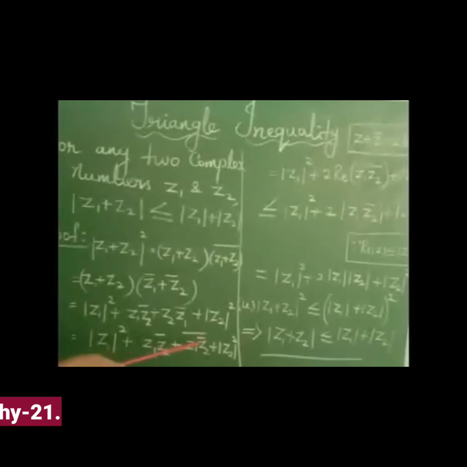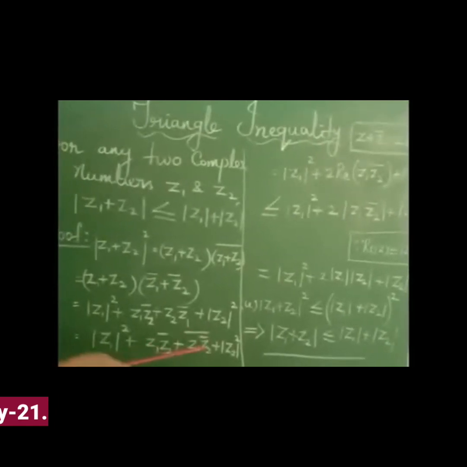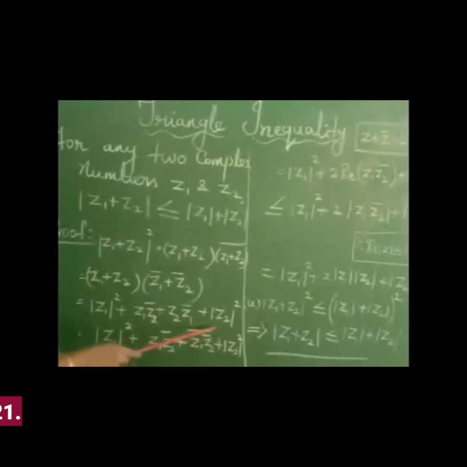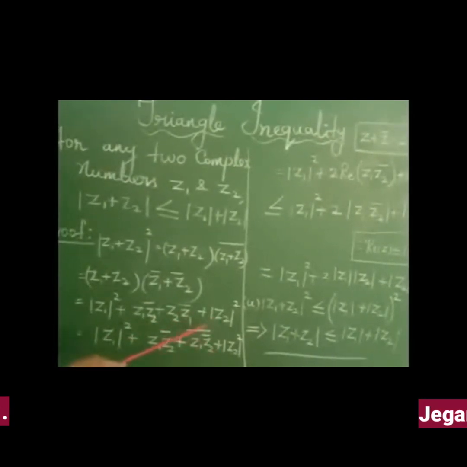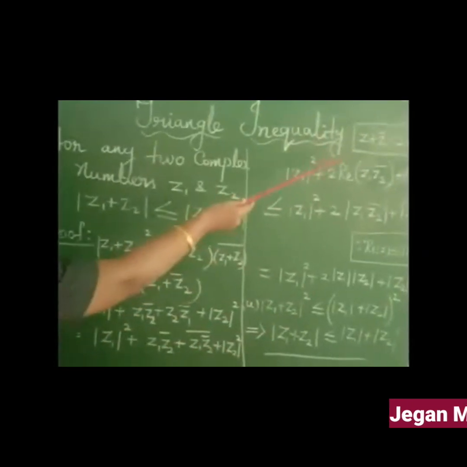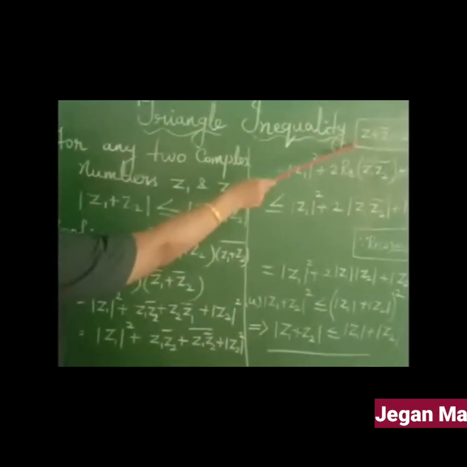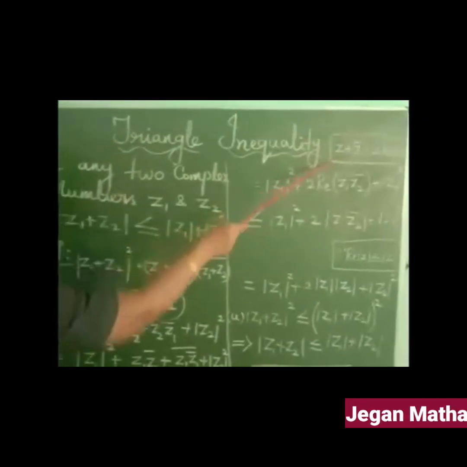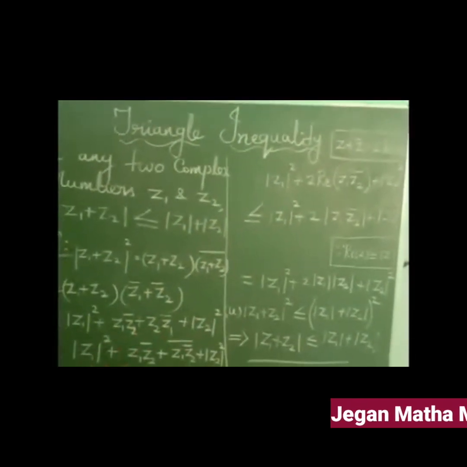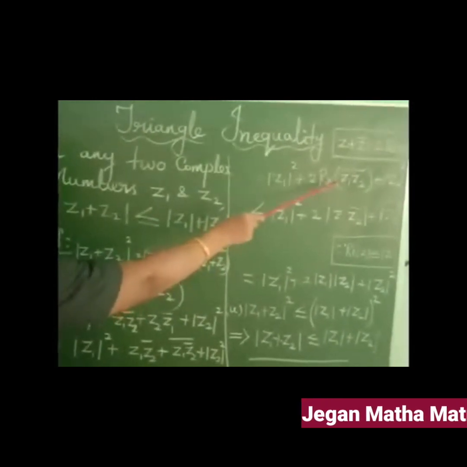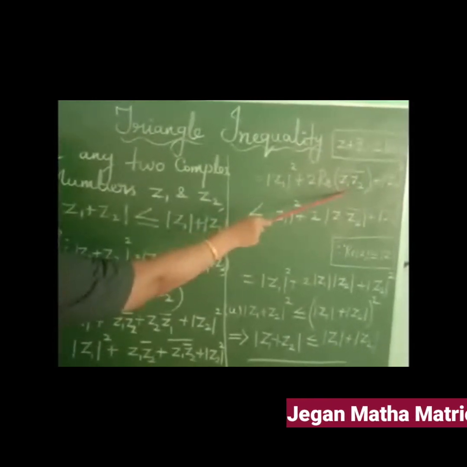When you remove the bar, this becomes z1 bar, and z2 bar, the whole bar again gives z2. So these two values we can combine by using the result z plus z bar equal to 2 times the real part of z. So instead of these two values, we can write 2 times the real part of z1 z2 bar.